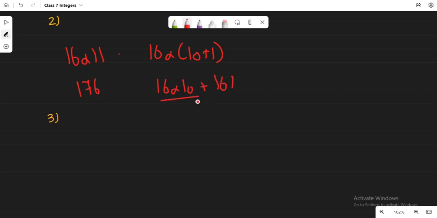When we multiply a number with a multiple of 10, the result is the number followed by the zeros. So 16 into 10 is 160, and 16 into 1 is 16, and 160 plus 16 is 176. This method is easier and faster if we practice and multiply mentally. So using the distributive property we can make multiplication a lot easier.